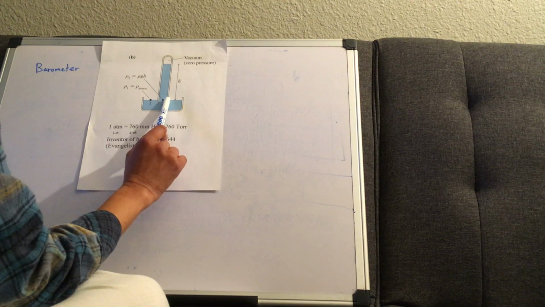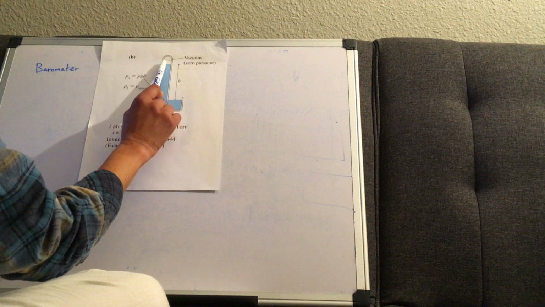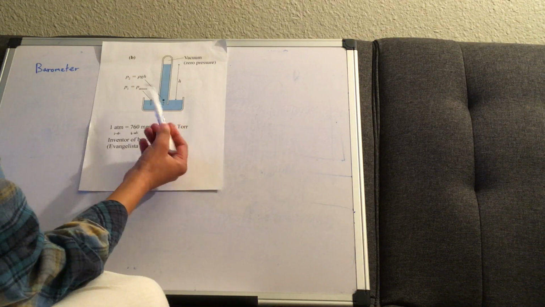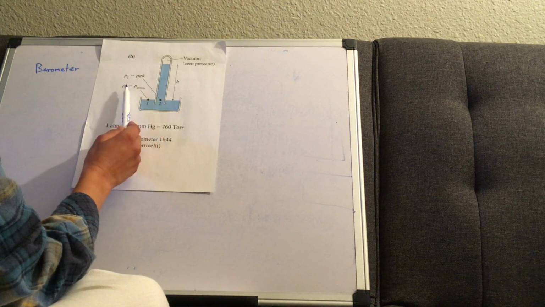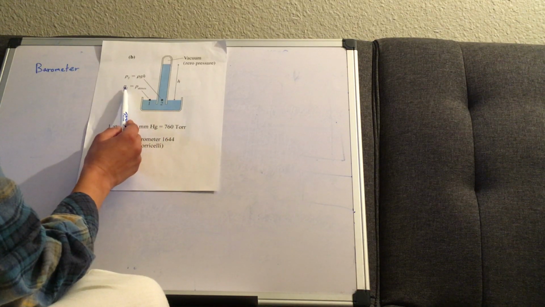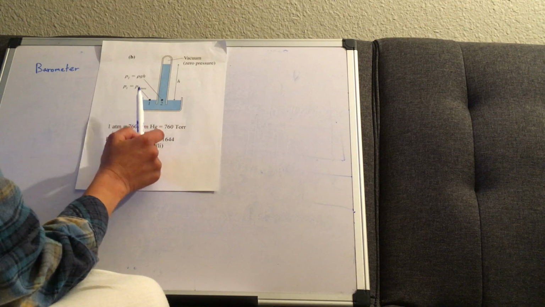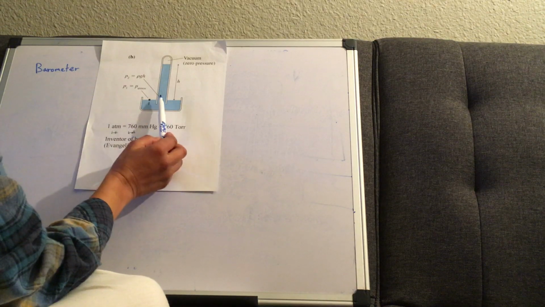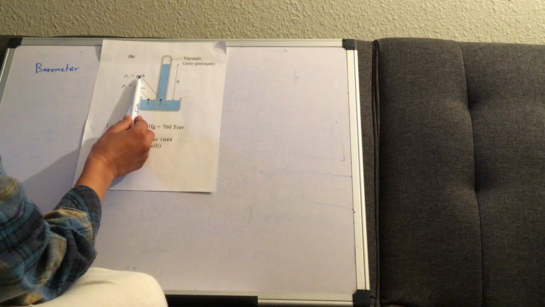The distance between this point 2 and the top of this fluid is h. Now because this point 1 is exposed to the atmosphere, let's say P1 is the pressure at this point 1, which is equal to P atmospheric pressure. And then at point 2, let's call that pressure P2, which is given by rho gh, right?